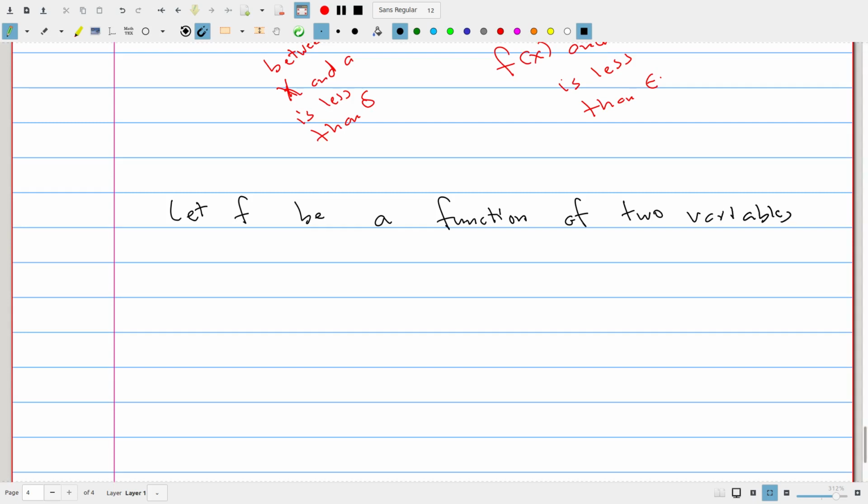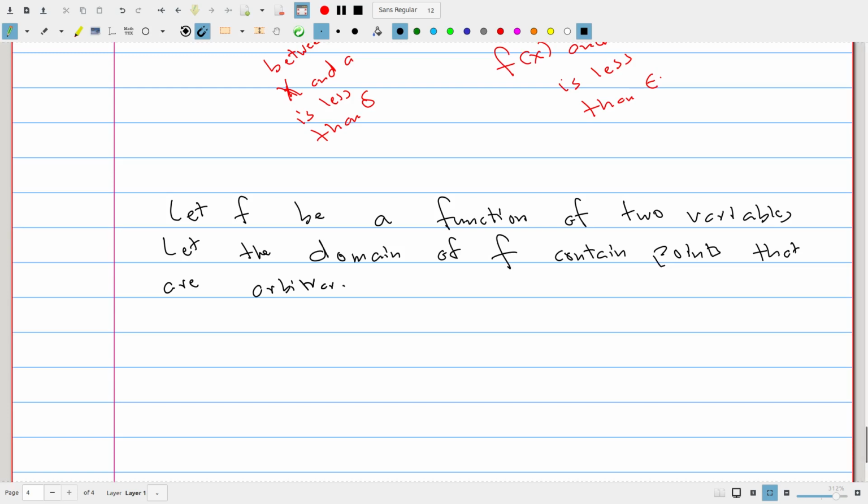And let the domain of f contain points that are arbitrarily close to (a, b).